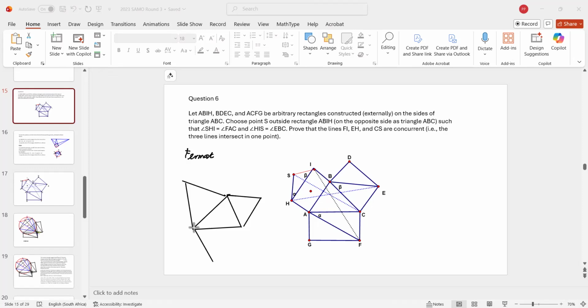Then he noticed something quite interesting: when you join each vertex of your original triangle to the opposing vertex of the equilateral triangle, these three lines are all concurrent. They went through the same point.